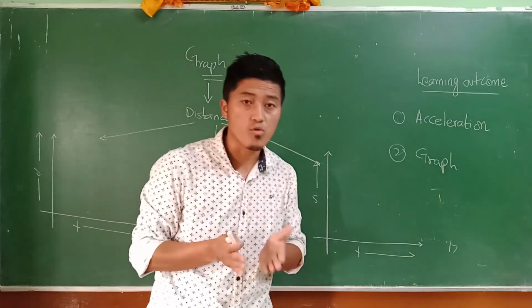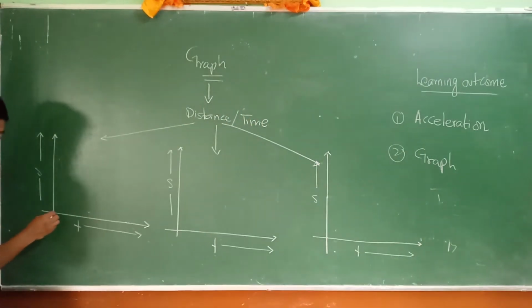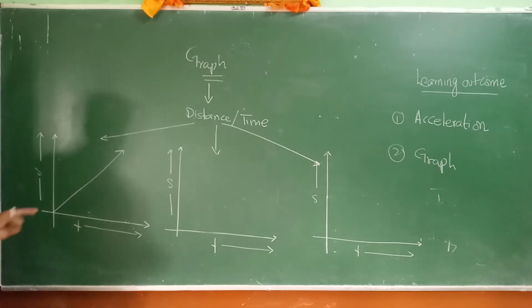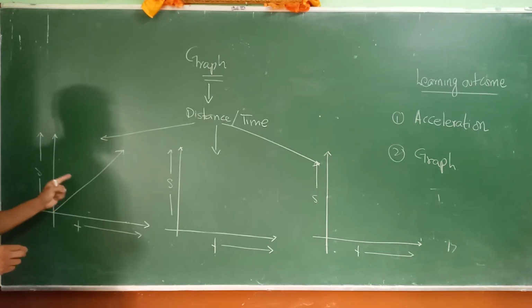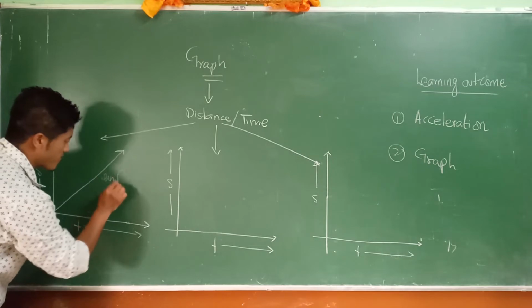Then we are going to get a graph like this, a straight line graph, which we call the uniform speed graph.